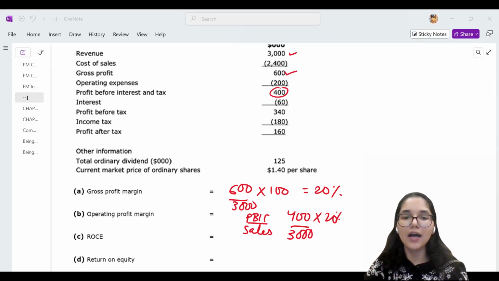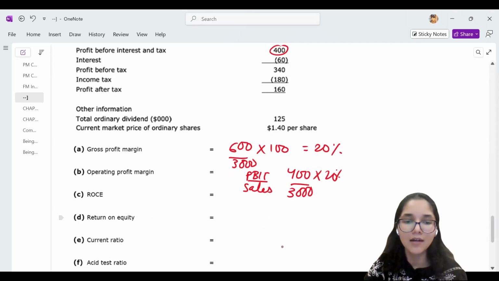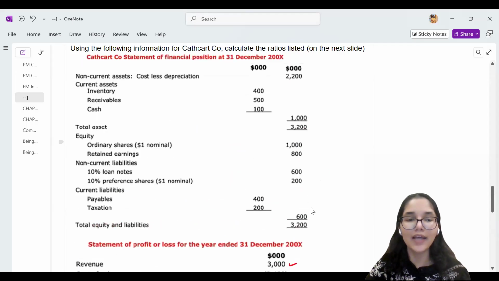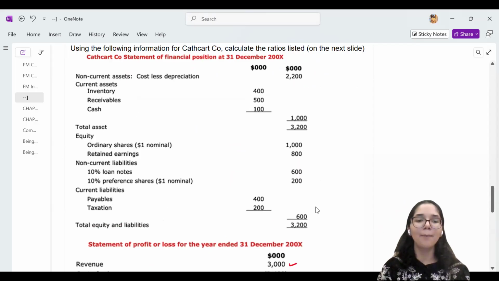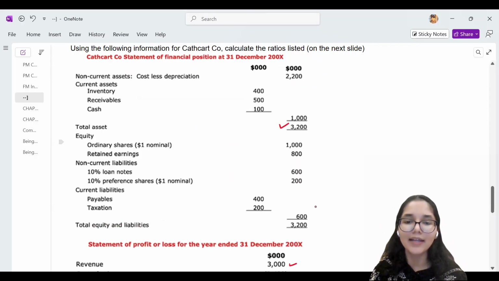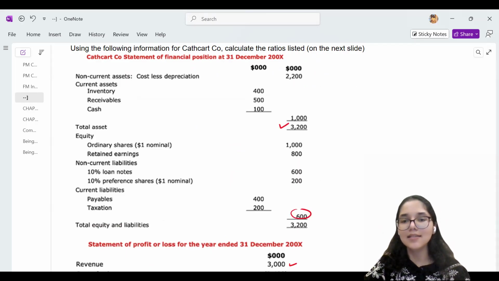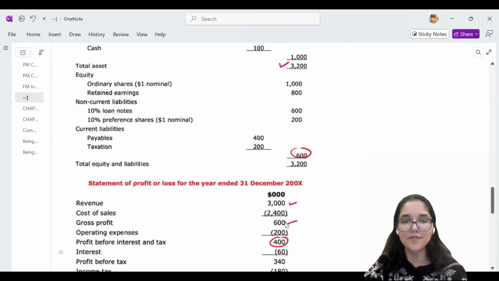Okay. Now let's move to the third ratio where we are supposed to calculate the ROCE. What is the formula for ROCE? You take the PBIT divided by the capital employed. So we have the PBIT just above, 400. Divide this by the capital employed. You have learned two formulae for capital employed. Use any and let me know what the capital employed will be. We can take the total assets and from that take away the current liabilities. The total assets are given to us as 3200. From this, take away the current liabilities of 600.